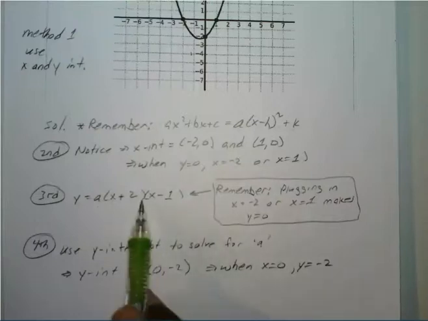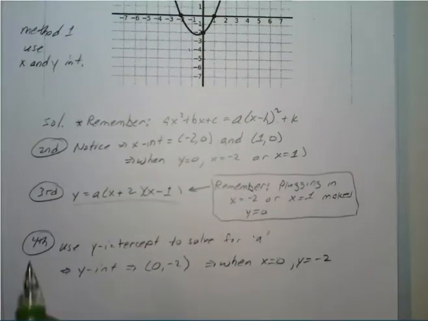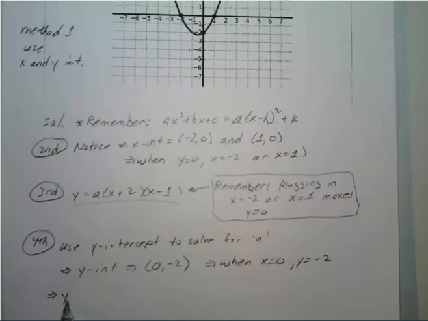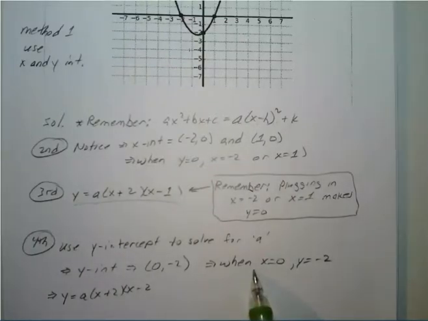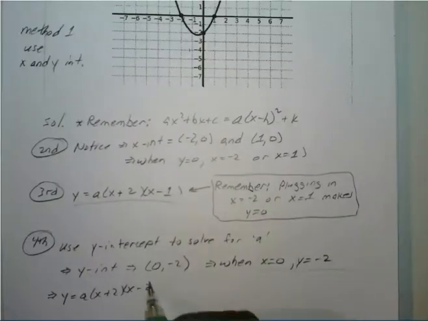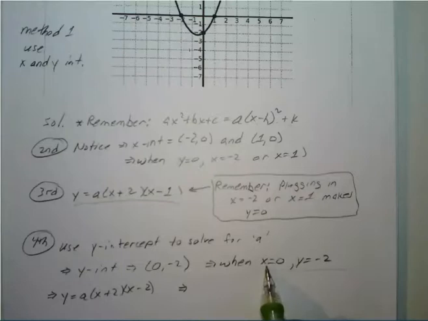All right, so we're going to use this equation here: y equals a times x plus 2 times x minus 1. So using this here, when x is equal to 0, y is equal to -2.